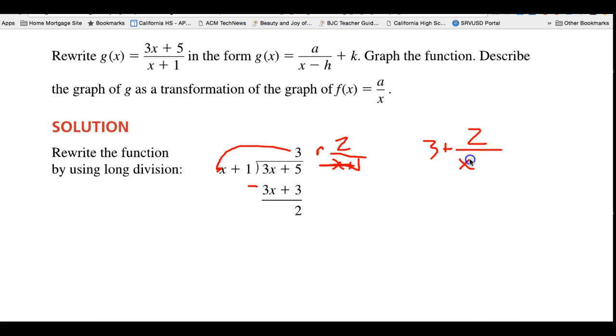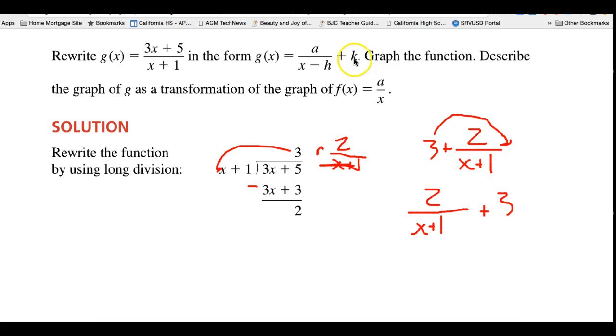Now we can turn this into the format a over x minus h plus k. We just take this 3 and write it on the end. So this ends up being 2 over x plus 1, and then plus 3. So now we've taken 3x plus 5 over x plus 1 and rewritten it in this form.